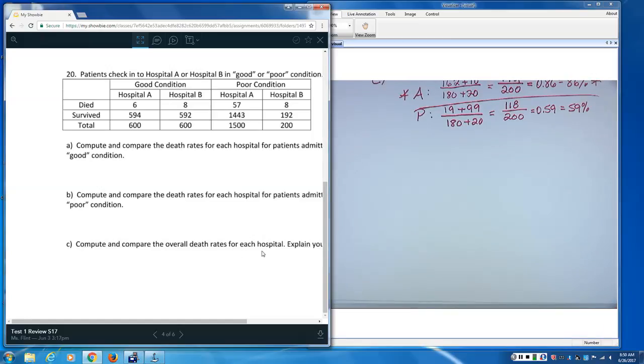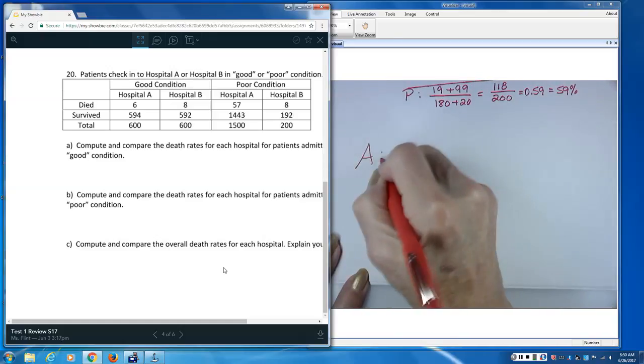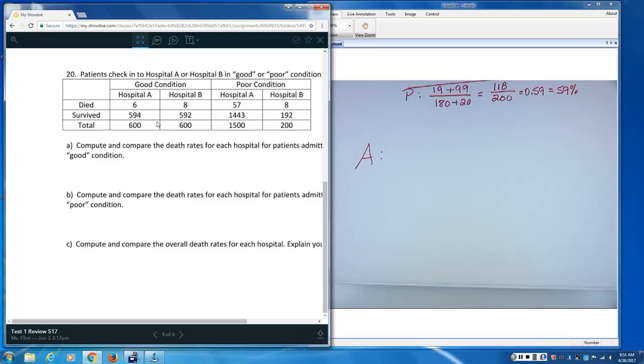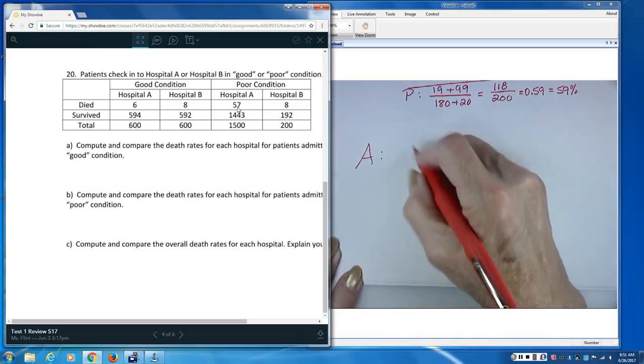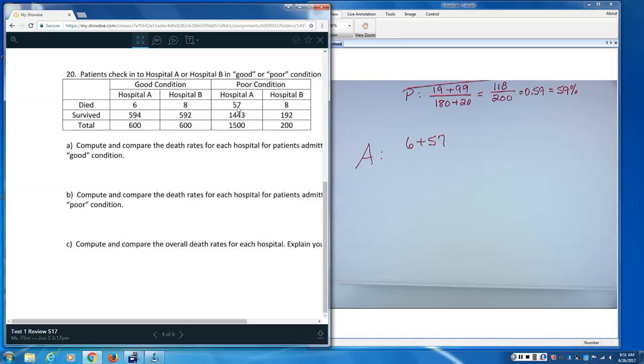The overall death rates for each hospital. Well, Hospital A overall had 6 in good condition and 57 in poor condition, out of 600 plus 1,500.